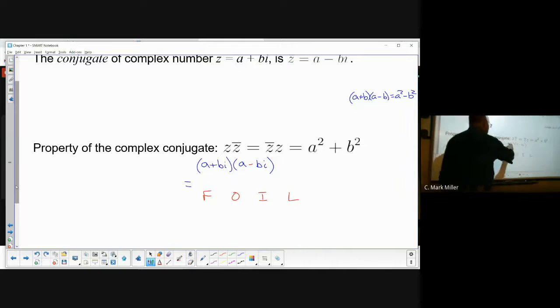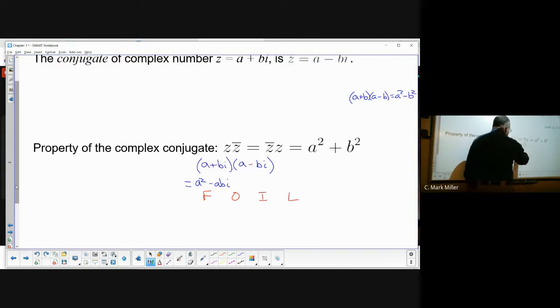But a times a is a squared. A times minus bi is minus abi. Bi times a is plus abi. And this last term, bi times minus bi, is b times b. That's going to give minus b squared. i times i is i squared.